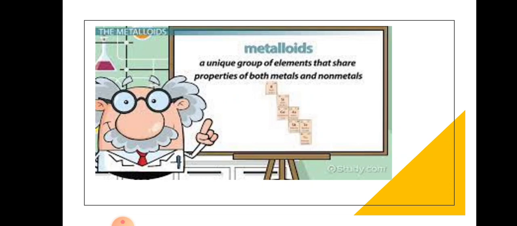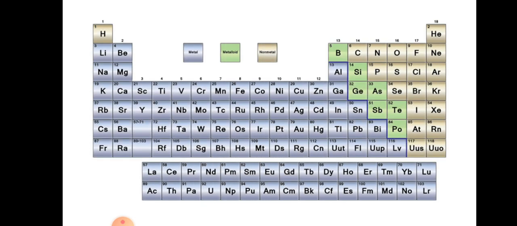Let us discuss the names of the metals. Dear students, for understanding the concept of metals and non-metals, you must have the periodic table. So this is the periodic table. You can find it on Google, or if you want, you can take a print of that periodic table, or you can take a chart from the stationery, no problem.